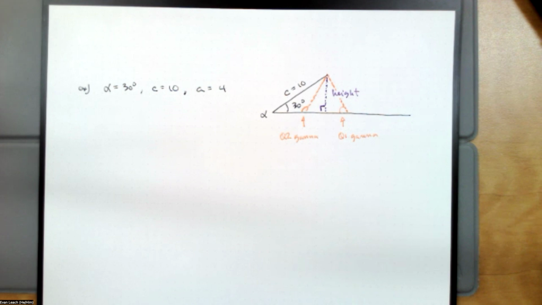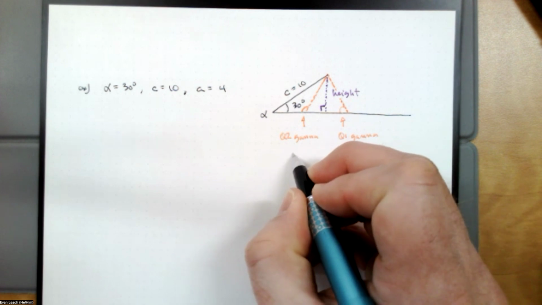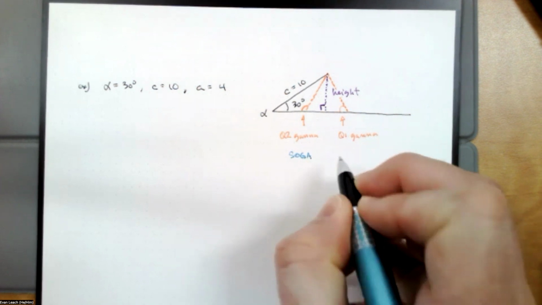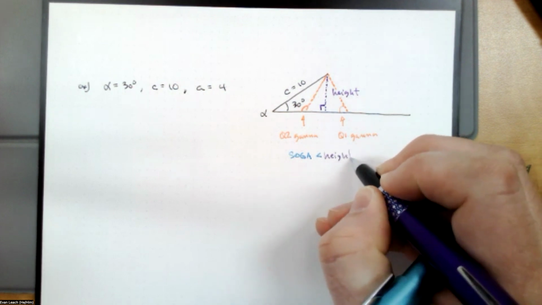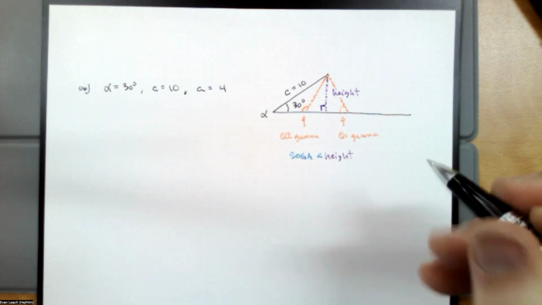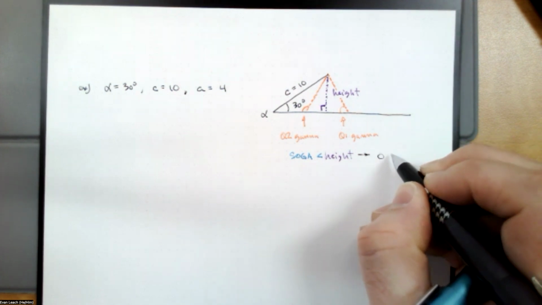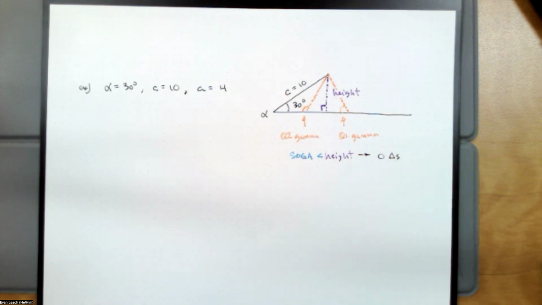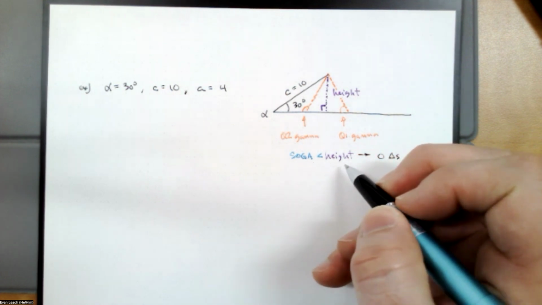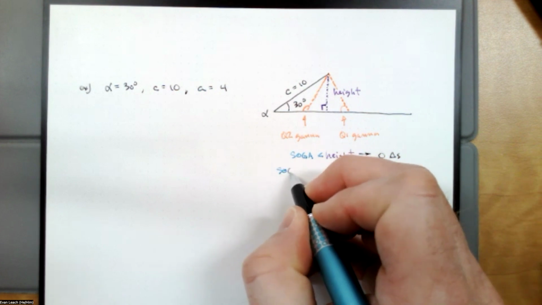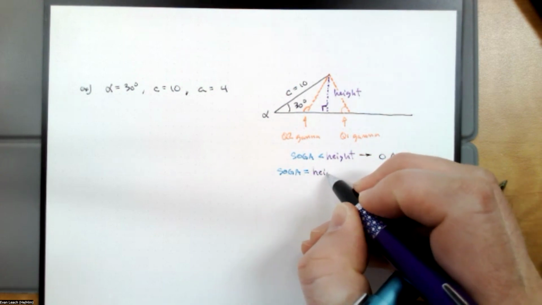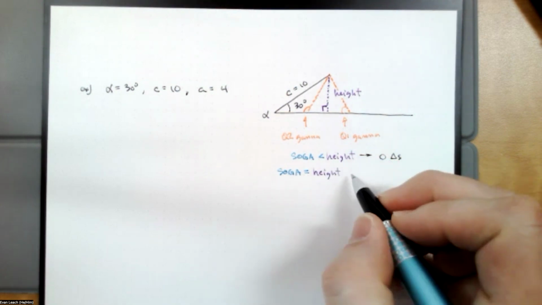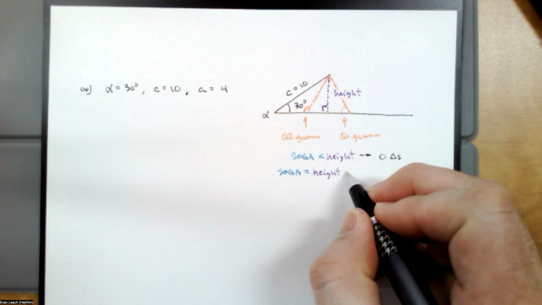The side opposite the given angle less than the height: no triangles. If the side opposite the given angle is exactly equal to the height, that's when we have one right triangle.